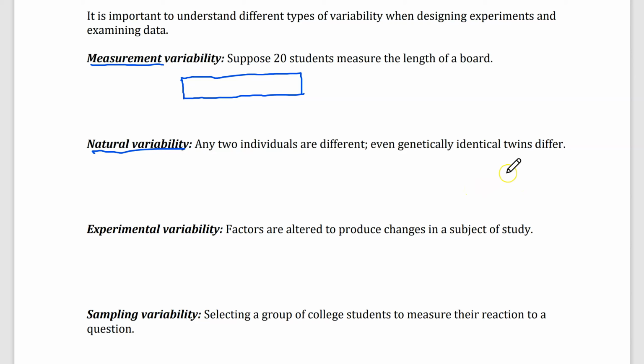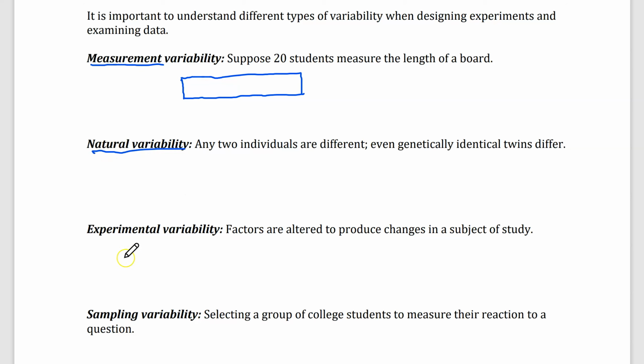So even though genetically they are identical, there's some natural variability, because even if you have 2 plants that are exactly the same, there's natural variability because of how we water them, where we set them in the sunshine, that type of thing.